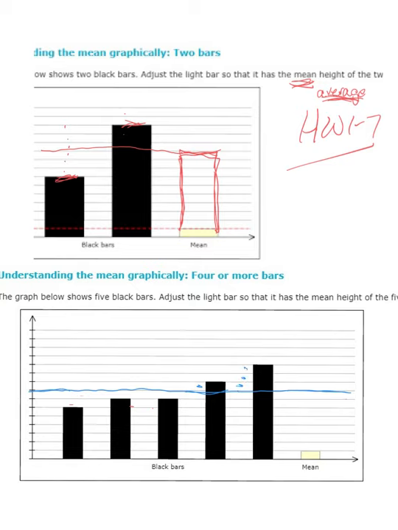Below this blue line, I have 1, 2, 3, 4. All right, so that balances. So once I figured out how high I need to bring it, I pull that bar up to that height. That would be the average of those. It's right in the middle.